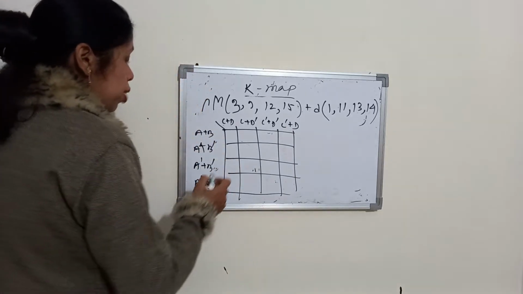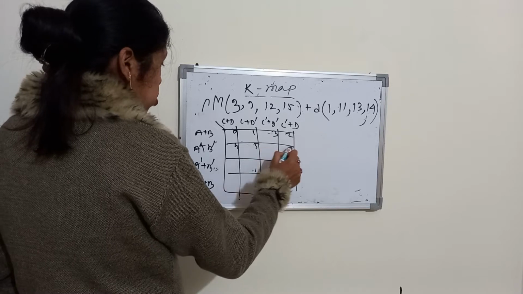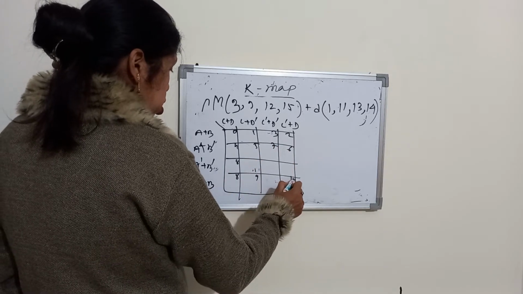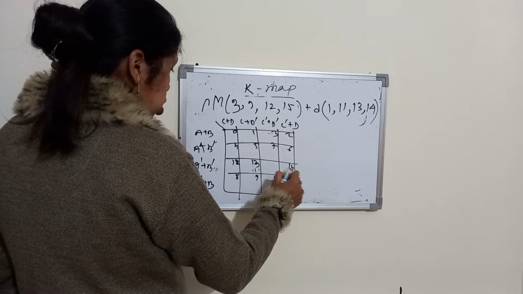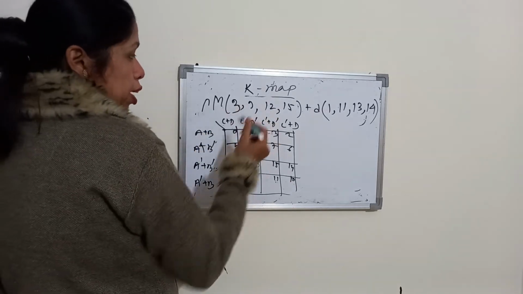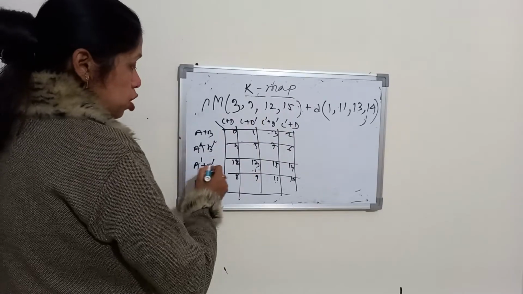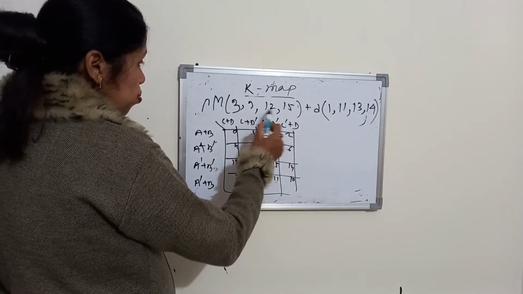Cells 0, 1, 2, 3, 4, 5, 6, 7, 8, 9, 10, 11, 12, 13, 14, 15. First I am putting these as my max terms, so that means I have to put logic 0 in those max terms.